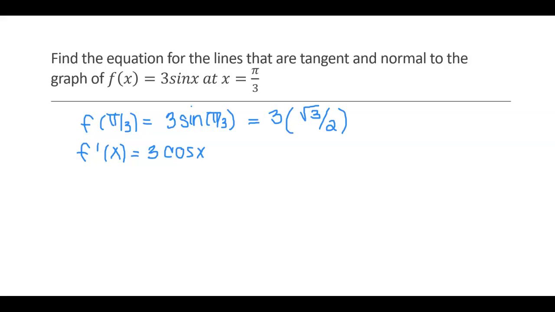So the derivative of 3 sine x is 3 cosine x. And then I need the derivative at pi thirds. So it's 3 cosine pi thirds, which is 3 times a half.